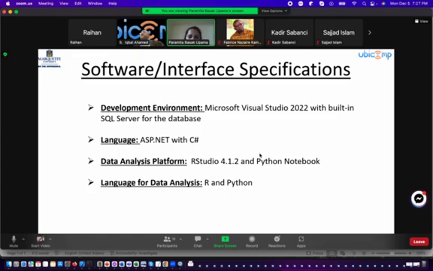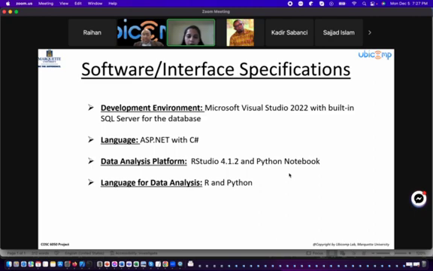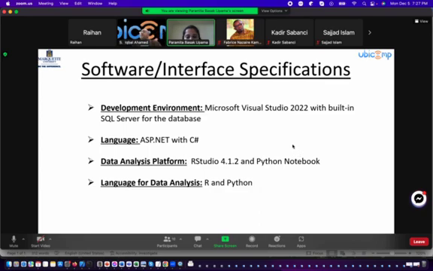So we have used R Studio 4.1.2 and Python Notebook for this data analysis task. We are not elaborating the data analysis task in this PowerPoint presentation. We will see it through the demo of our software. So I am stopping my presentation and switching to the demo.